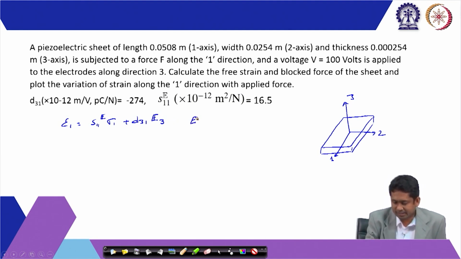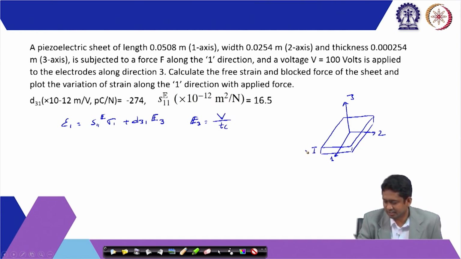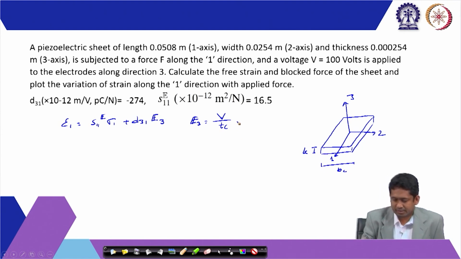Now, electric field E3 can be related to the voltage V by V by tc, where tc is this dimension, the thickness of the piezoelectric patch. We know tc is 0.000254 meter.